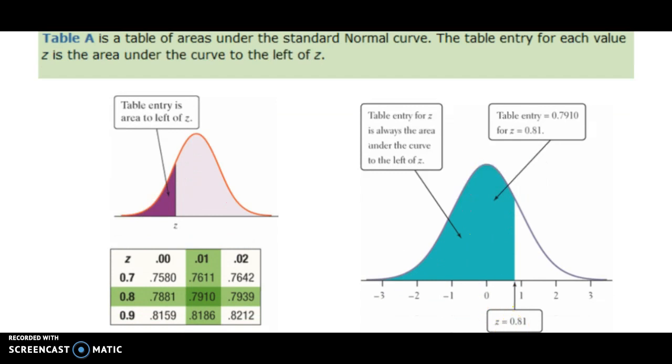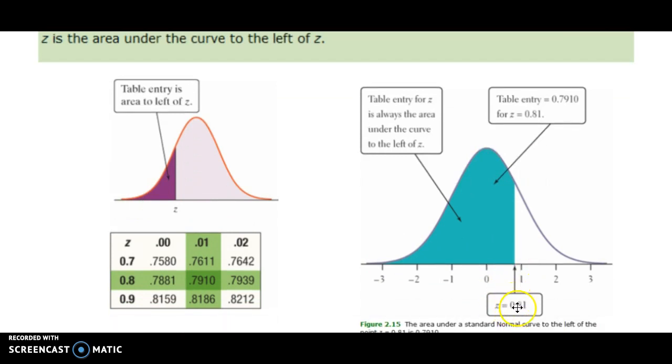So for example, if we knew that we were 0.81 standard deviations above the mean, we would go to the standard normal table and we would use the column for the 10th spot of the z-score and the row for the 100th spot of the z-score, and we would map 0.81 to 79.1% or 0.7910.